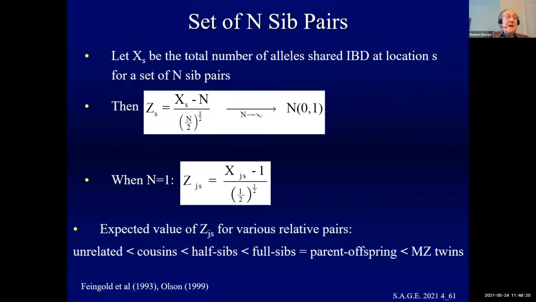Full sibs and parent offspring have a mean of 0, and MZ have a very large value for this. What Jane also did, you can compare it with what Emily Feingold did. She assumed an infinite number of pairs, whereas Jane is assuming one pair averaged over the whole genome, lots and lots of positions, but it's in spirit very similar.